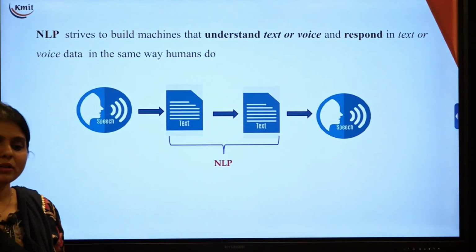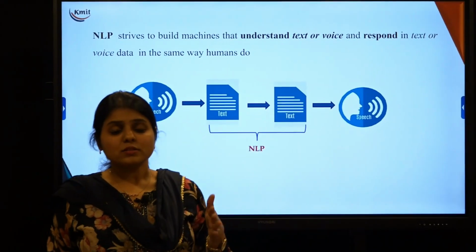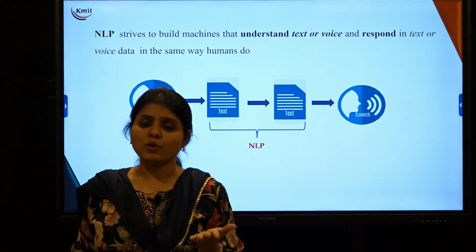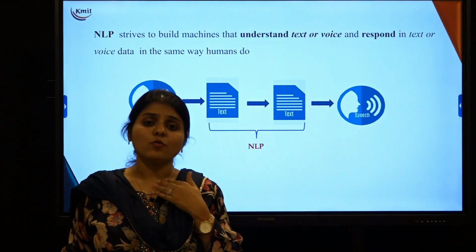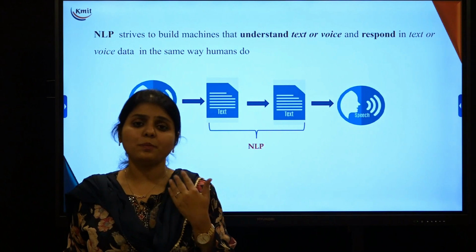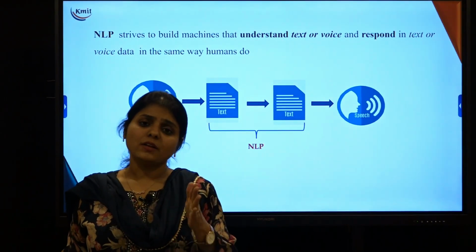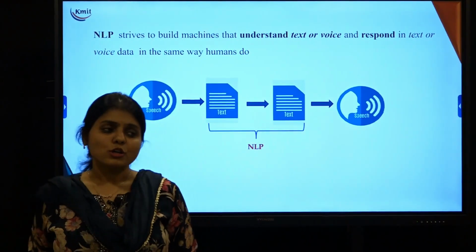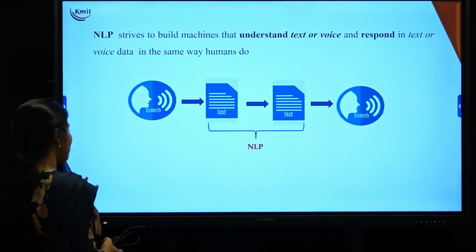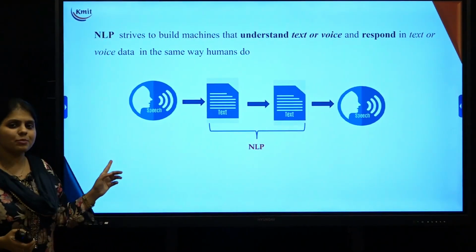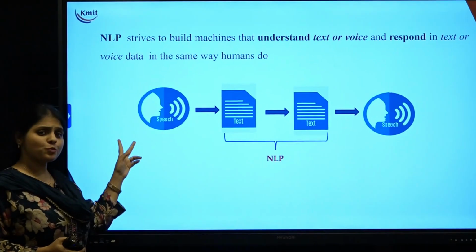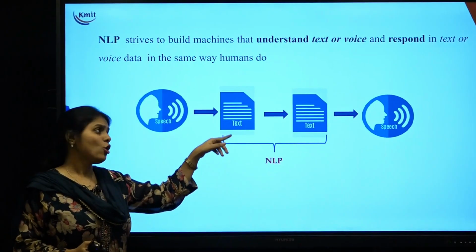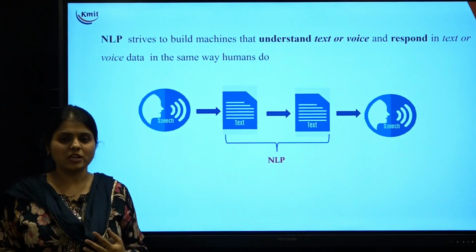When you talk about natural language processing, there are two aspects. One is converting your voice language into text, that is speech to text, and sometimes text to speech also. So NLP performs both tasks. It has the capability of converting your speech language to text data, or the text data to speech language as well.